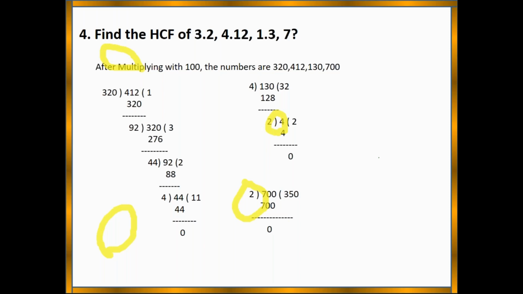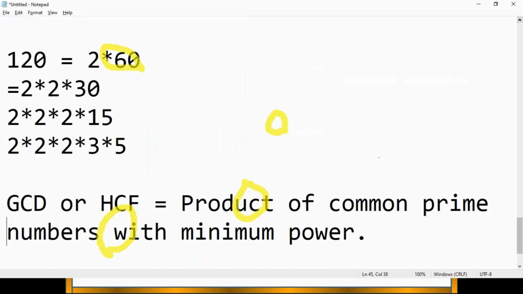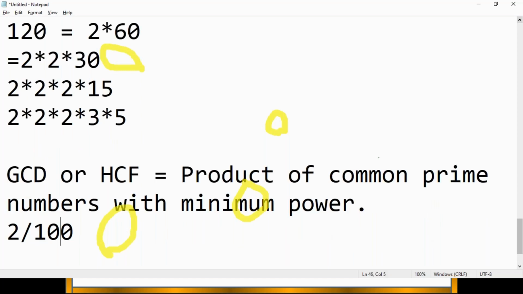But they gave decimal numbers, so initially what did you do? Same. Divide 2 by 100. So 0.02 is the final answer.